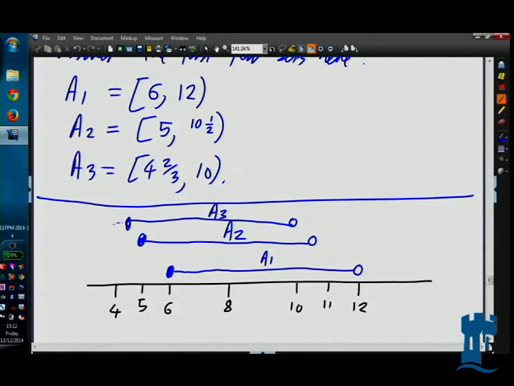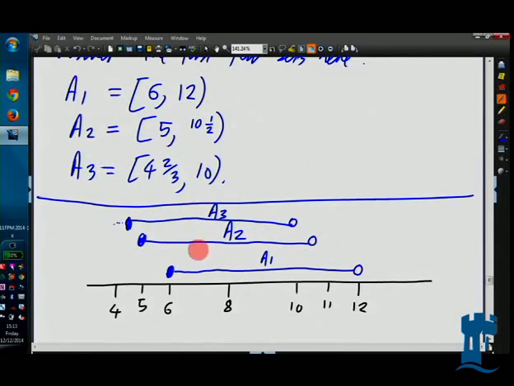Now, you never quite get to 4. 4 isn't in any of these sets. So you never get to anything below 4. And you never quite get to 4, but you can get as close to 4 as you like. So everything to the right of 4 will be in one of these eventually, whereas 4 itself isn't in any of them. Now, when you take the union, you're looking at the stuff that's in at least one of these sets.